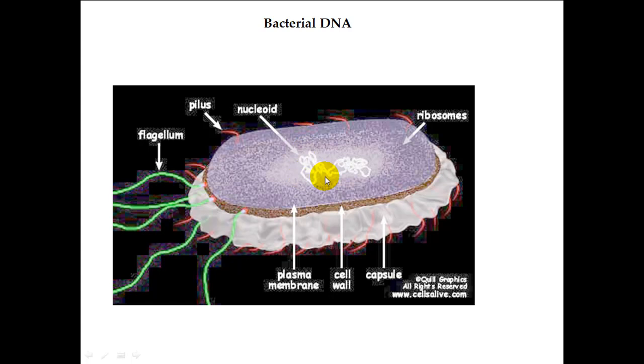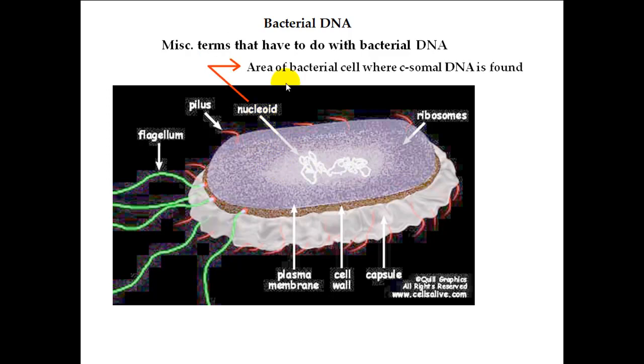The DNA is just kind of floating naked in the cytoplasm. But there's a name given to the region of the cell where the bacterial DNA usually is found, and that region is called the nucleoid region. So one term is nucleoid, and that's just the area of the cell where the chromosomal DNA is found inside of that bacterium.